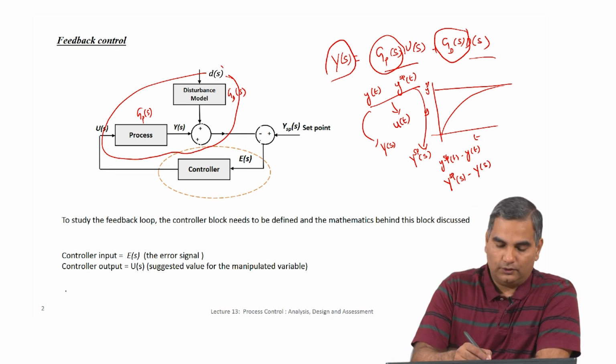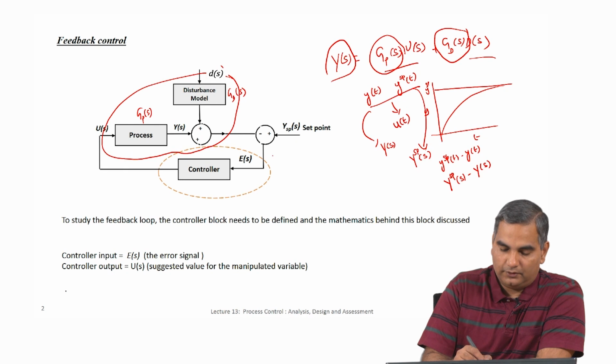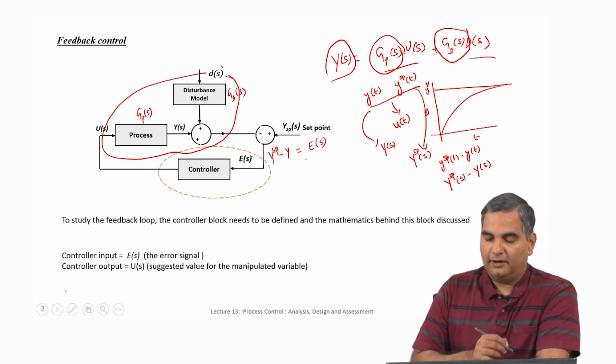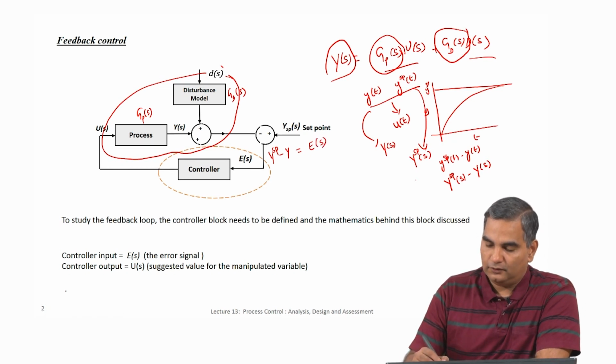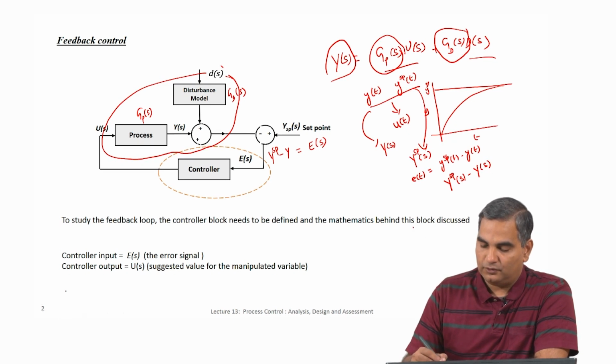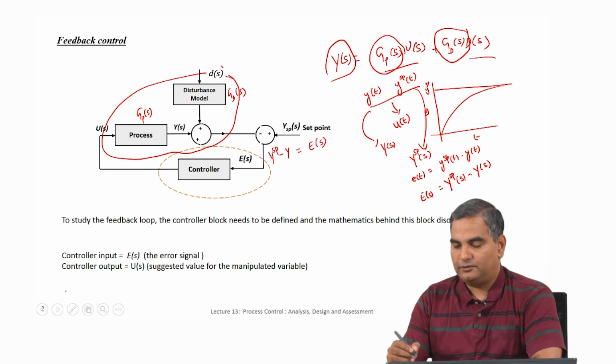That is what is shown in this picture. So, I compute y set point minus y, and this is what we call the error in the Laplace domain. If E of t is this, and I take the Laplace transform of this whole equation, then the left hand side is E of s equal to y set point of s minus y of s.